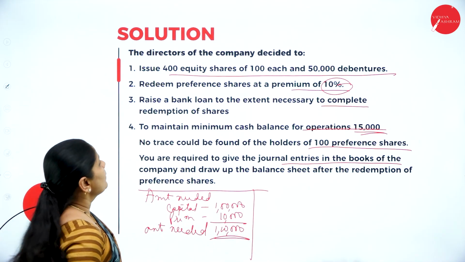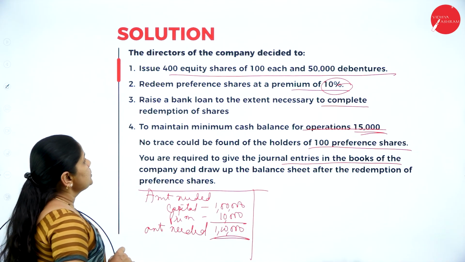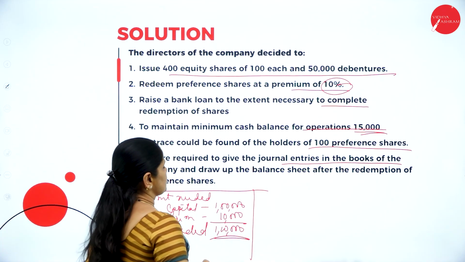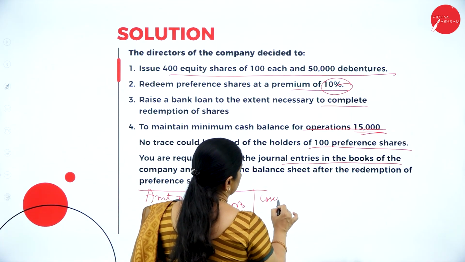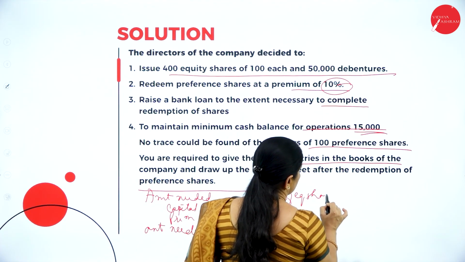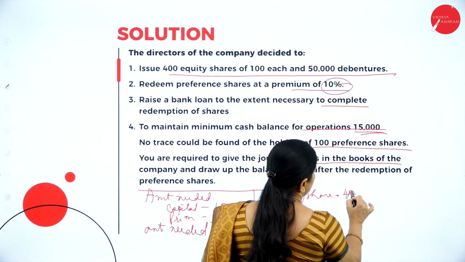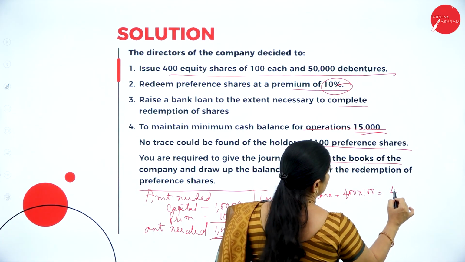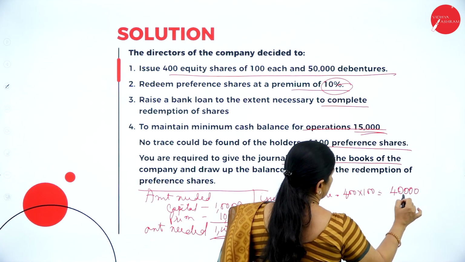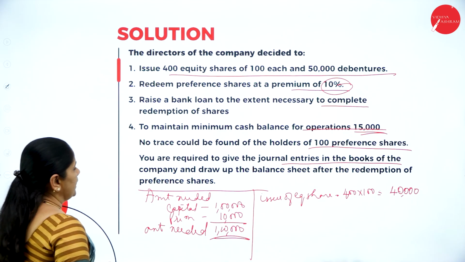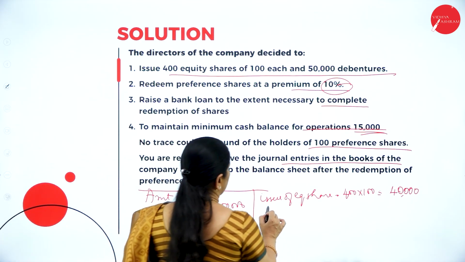So to raise this 1,10,000, they are issuing 400 equity shares of rupees 100 each. So issue of equity shares, 400 into 100, that comes up to 40,000. Then next we have to raise a bank loan.